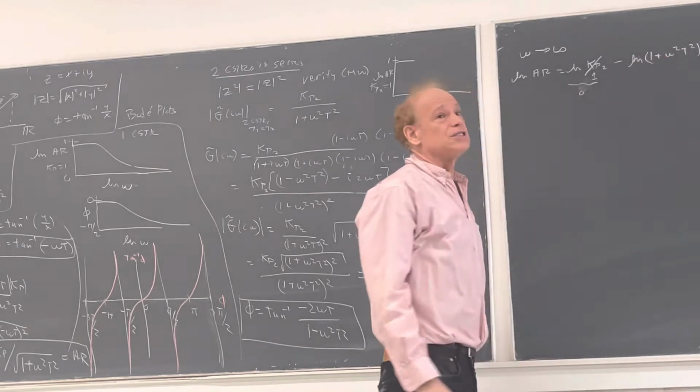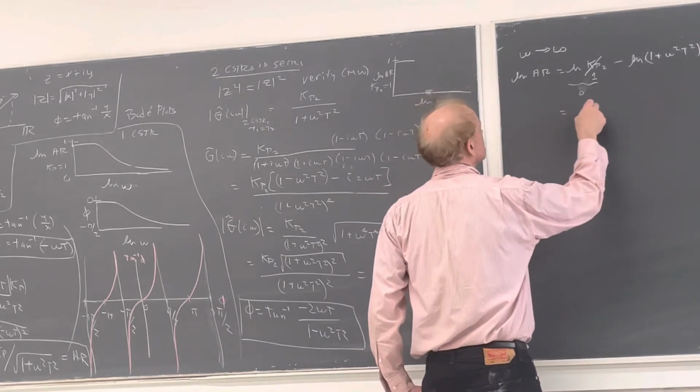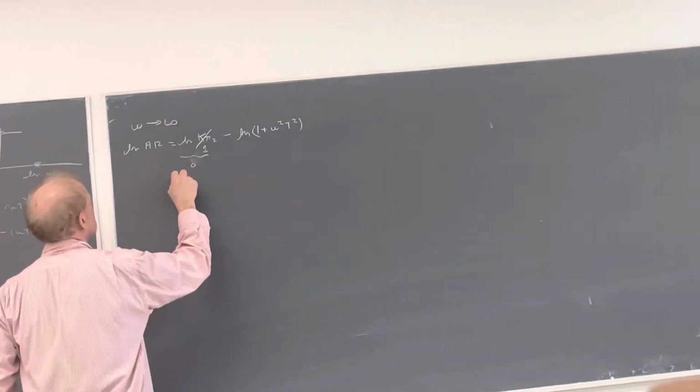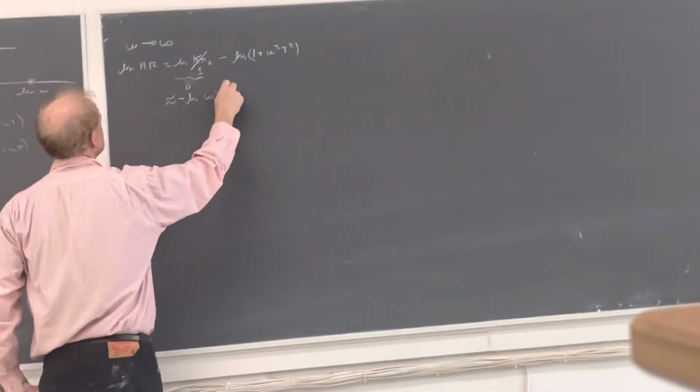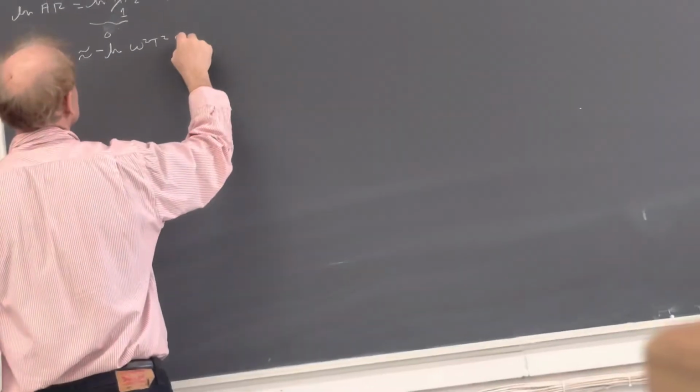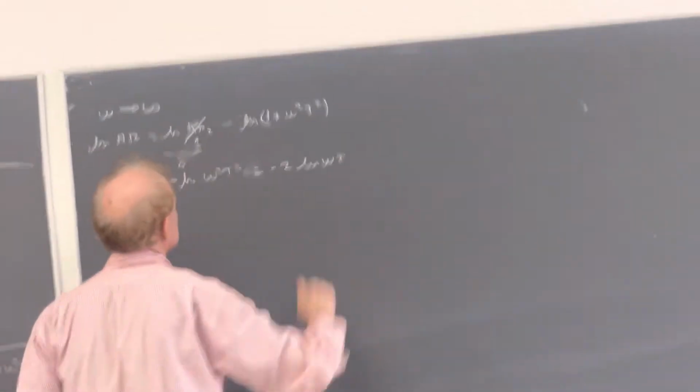When omega is very large, I can neglect the 1, so this becomes minus the log of omega squared t squared, which just becomes minus 2 log omega t.